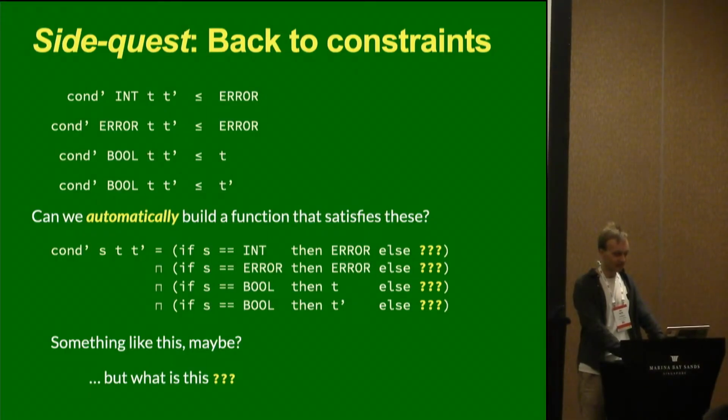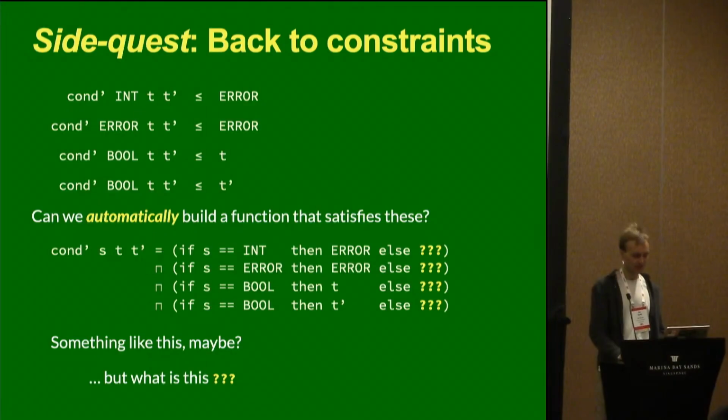If we come back to these constraints that we calculated in the previous step, after doing this reverse implication strengthening step, we get these 4 constraints, and I just want to write down a function that satisfies these.